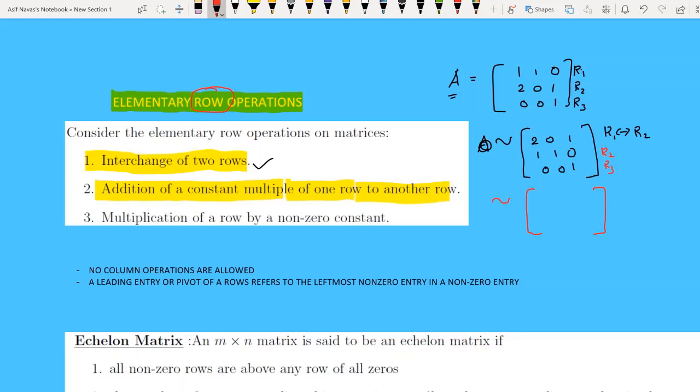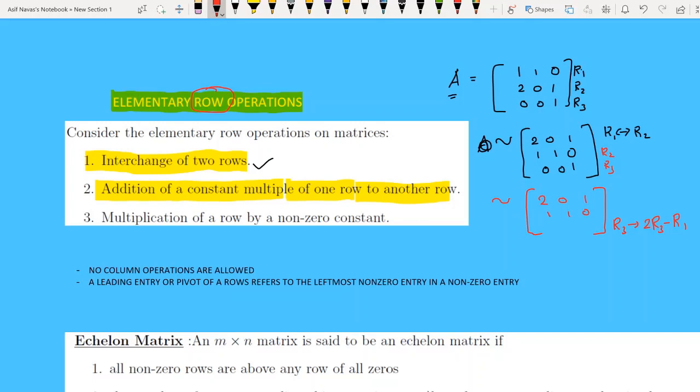What I will do is 2 0 1, 1 1 0, and I am changing R3 to 2R3 minus R1. Okay, so 2R3, that means 2 into R3 minus R1.